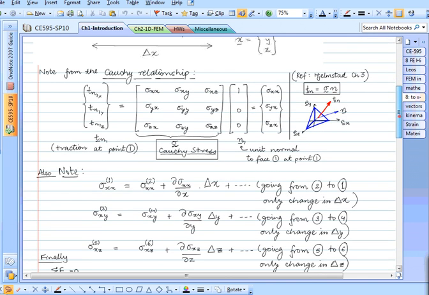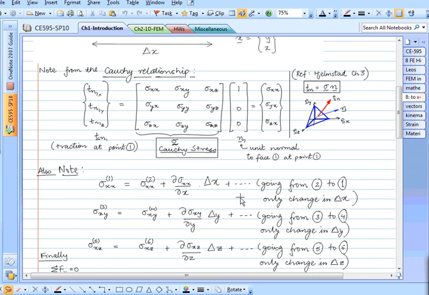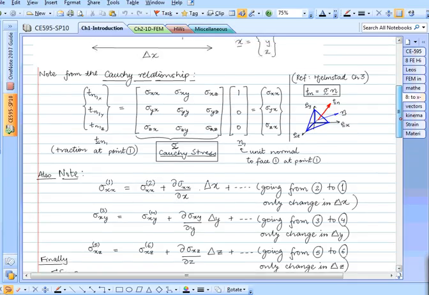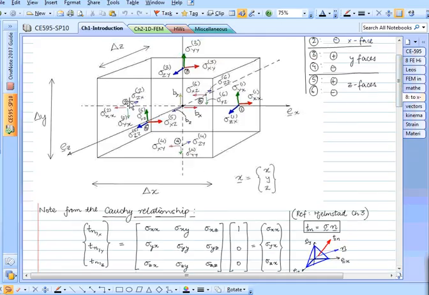And in addition to that, we needed to do this Taylor series expansion that I was telling you about last time as well. So take a look at this. This is the sigma xx on the first face, which is related to the sigma xx on the second face, and by how much does it change in going from the second face. So this is the second face in the back here.